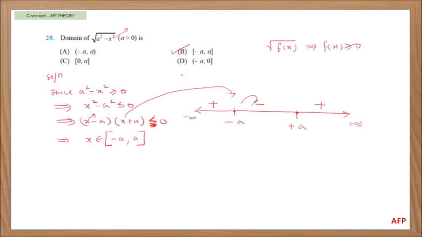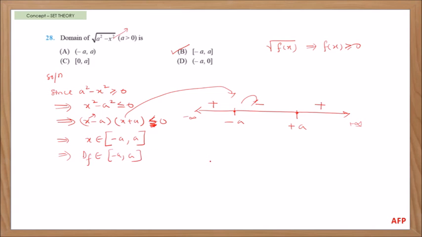So here is the domain. What I told, all the x values for which the function is defined. The function is defined only when the inner term is greater than or equal to 0. That is, the inner function f of x is greater than or equal to 0. So this is called the domain of the function.